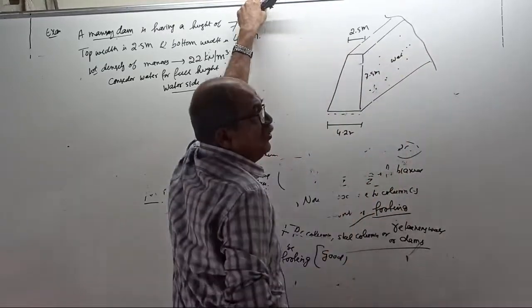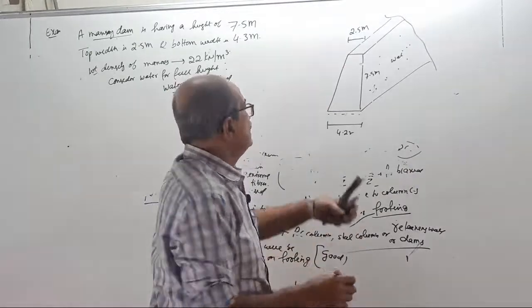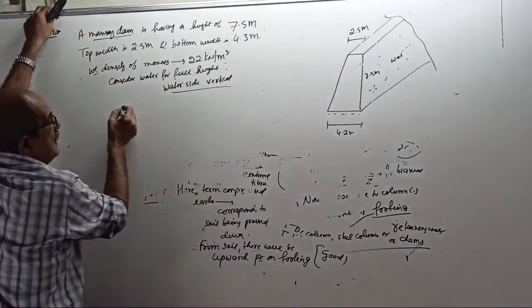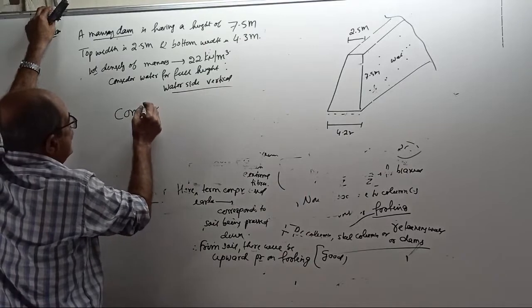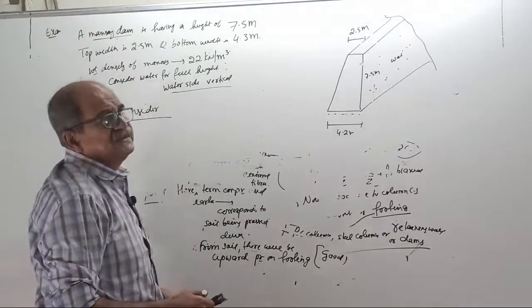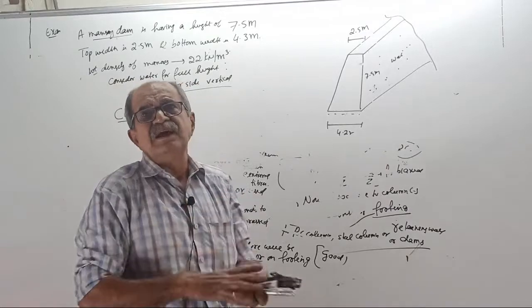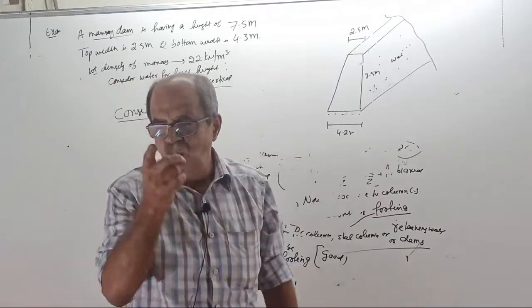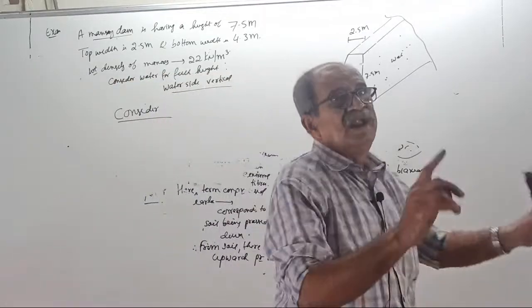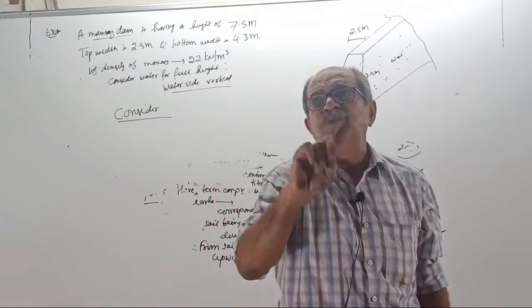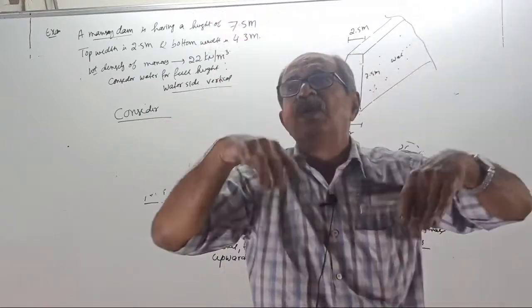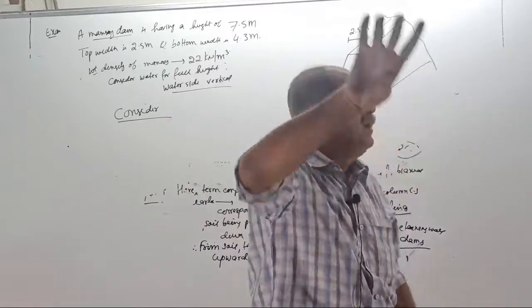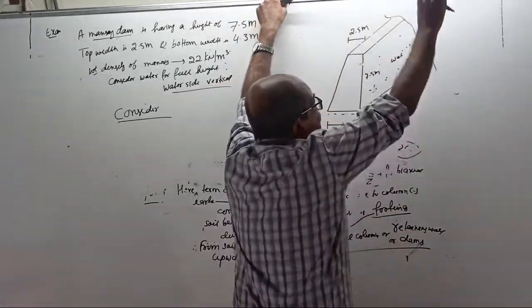Water. Now, you should know one thing. For analysis purpose, you should know it. When you consider a retaining wall or dam running lengthwise, not RC footings, we do not know how much this length is.